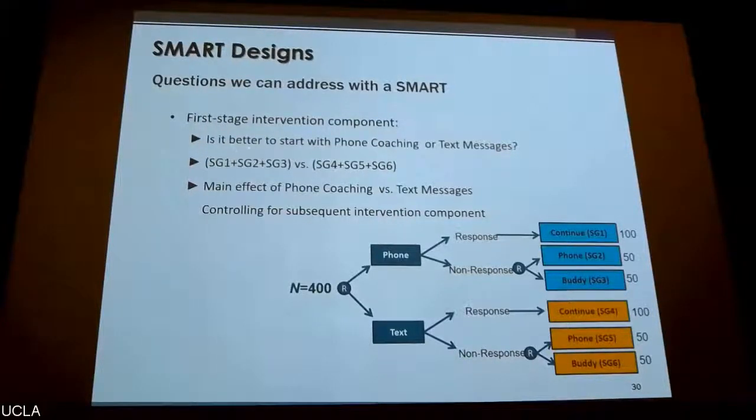So the first question, should I start with phone coaching or text messages, will be answered by pulling outcome information from all the people who got phone coaching and comparing it to all the people who got text messages. You see, it's a comparison of half of my sample versus the other half, 200 people versus 200 people. That's the main effect of the first stage component, averaging over, by design, what you did for people subsequently, right? Do you see that?